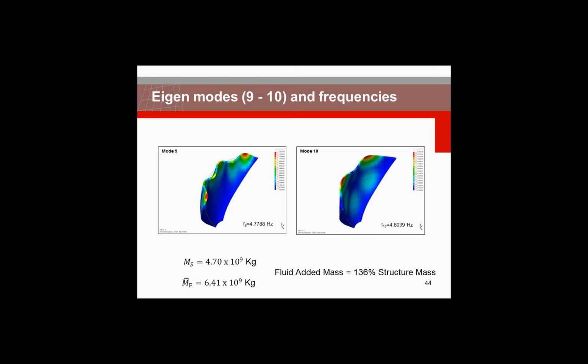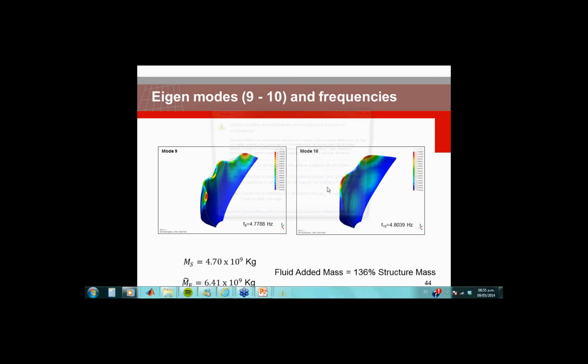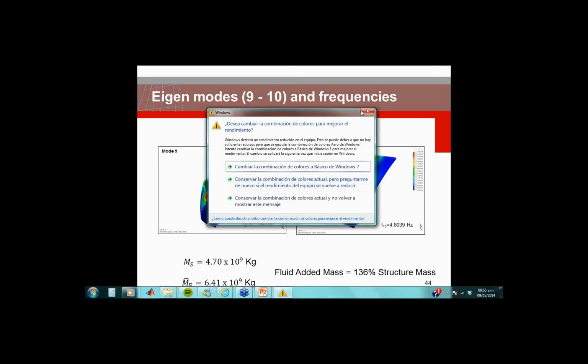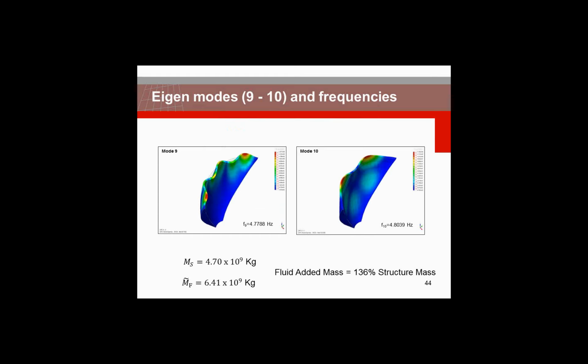This means that the fluid added mass is more than the original mass of the structure, in this case, which is a 3D model, where the water has a bigger impact in the movement of the dam, and this fluid added mass is equal to 136% of the structural mass. So this is quite a lot, and this is something we have to take into account.